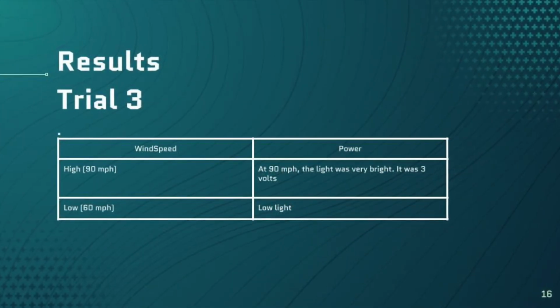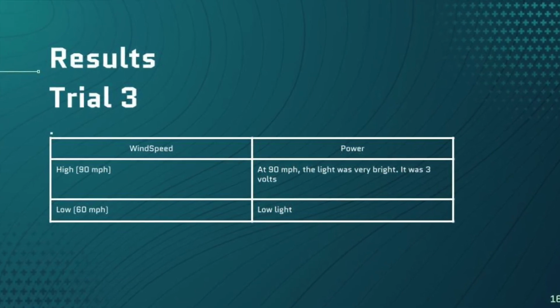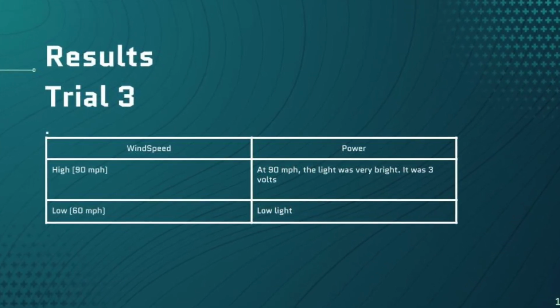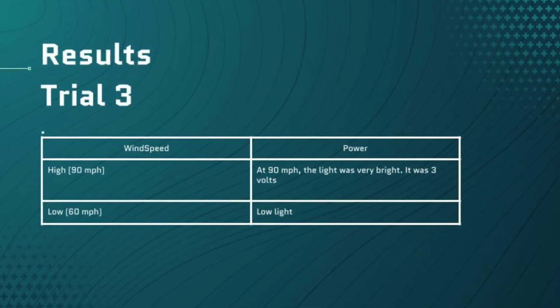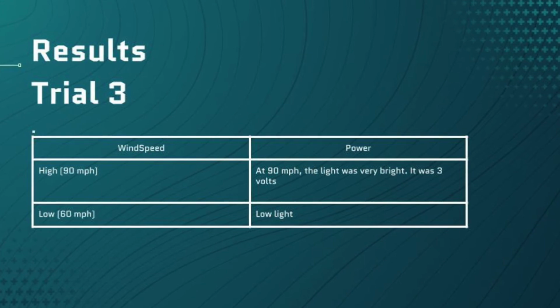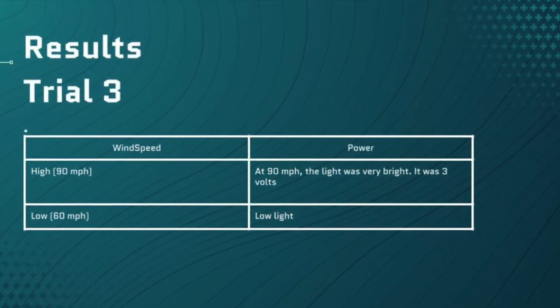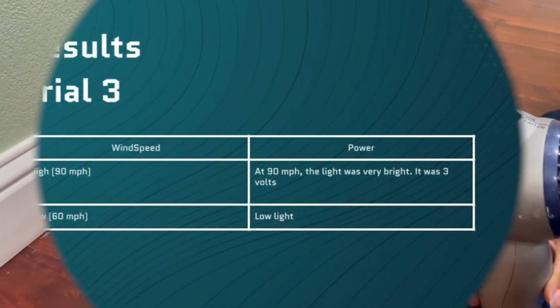Both the first part and the second part of trial 3 were the same as trial 1 and trial 2. The reason I tested this so far was because I wanted to see if there would be a slight change every time I tried a different speed. Turns out nothing different happened.